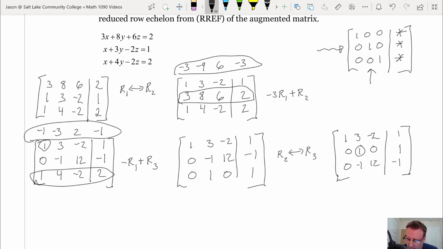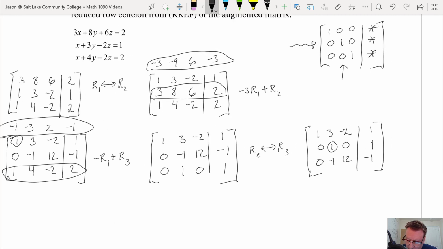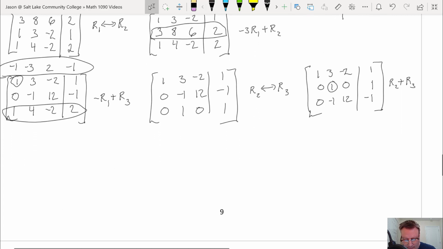So how do I do that? Well, I'm going to use row 2. I don't need to multiply it by anything. I can just add rows 2 and 3. So I'm going to do row 2 plus row 3, and the result will go into row 3 because it's the second row in my sum there.